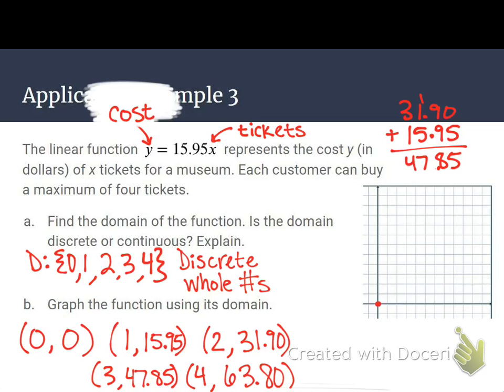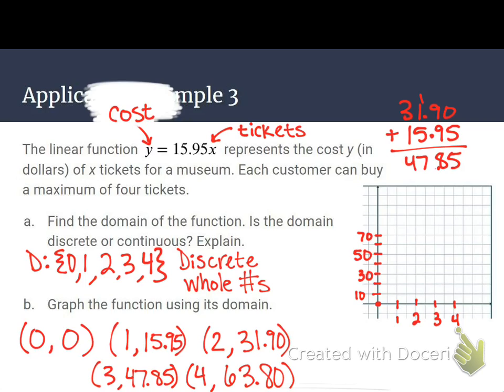So on my x-axis, I'm going to spread out my 1, 2, 3, 4 a little bit. Along my y-axis, let's see, we could count by, probably by tens would be good. 10, 20, 30, 40, 50, 60, 70 up there.